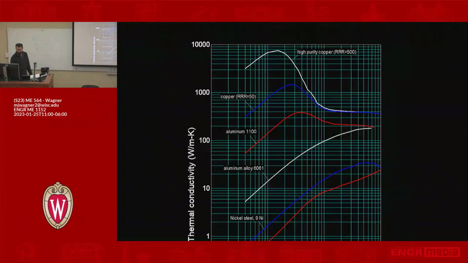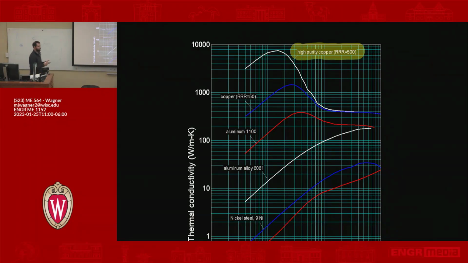So first thing, let's look at the top. We have high purity copper, right? Well, why is high purity copper a really good thermal conductor? Well, what are the energy carriers that are moving through any material? Any ideas? Electrons. Yep. So electrons are the most important energy carrier, the most effective energy carrier.